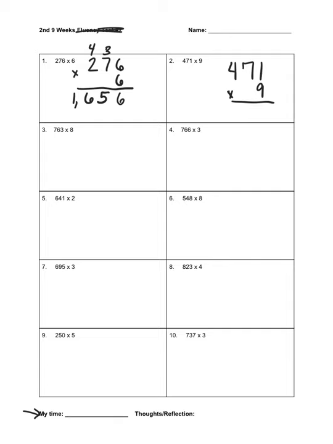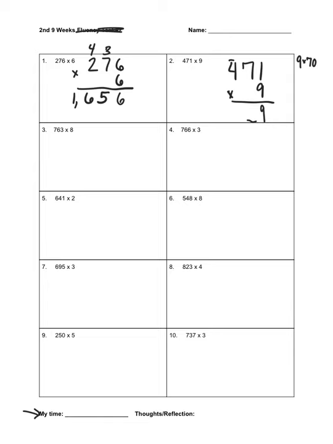So we're going to multiply, starting with our ones place. We're going to multiply our ones, then our tens, then our hundreds. With the US algorithm, we always move from right to left. So 9 times 1 is 9. Then when we multiply 9 times 7, just keep in mind that we're really multiplying 9 times 70, and that will help inform which digit you need to record here and which digit you need to carry or regroup.